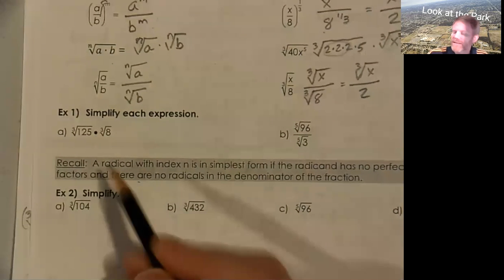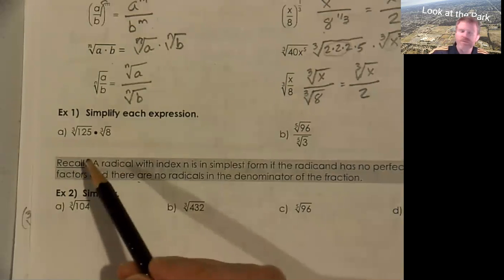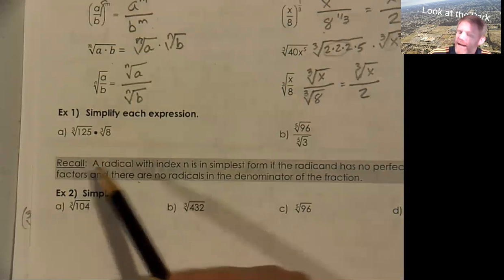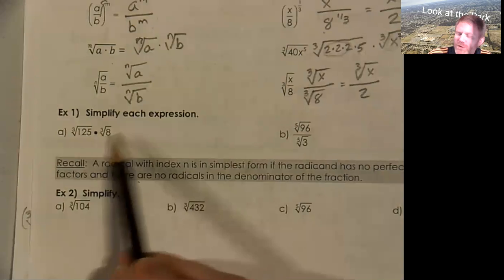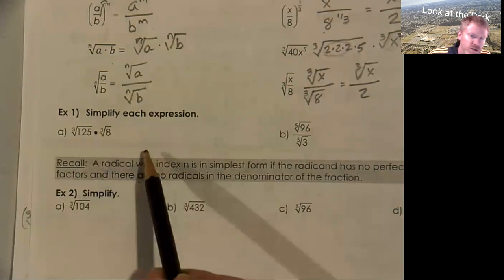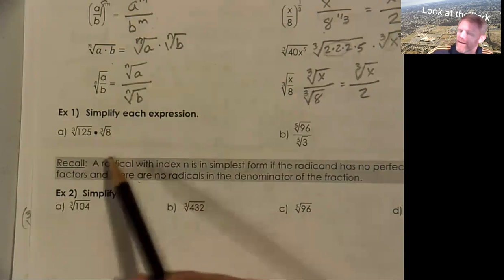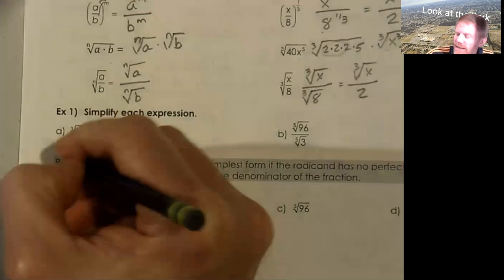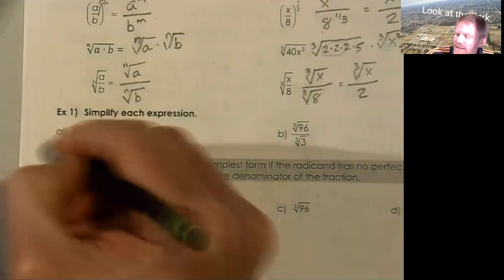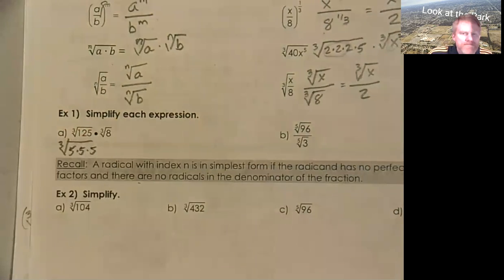So now when we practice these, we look at what the properties are to see how we can simplify it. Now, there's often multiple ways for you to write out your work. You should do some work. This is 125. I completely understand if you do not say 5 times 5 times 5, because that is 125.